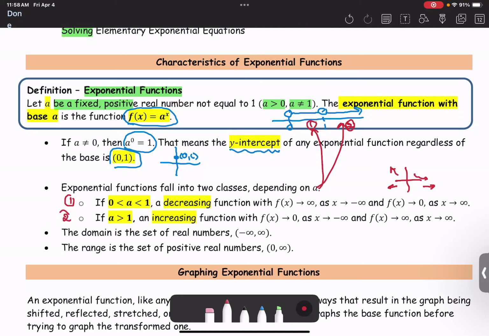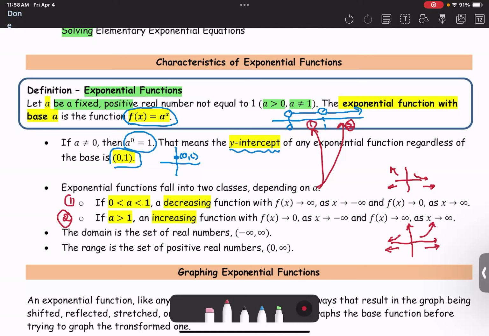For case number 2, if a is greater than 1, the function is an increasing function. f of x approaches 0 as x approaches negative infinity, and f of x approaches infinity as x approaches infinity. Explaining in terms of the direction of the x and y values, x approaches negative infinity, y approaches 0. When x approaches positive infinity, y approaches positive infinity.